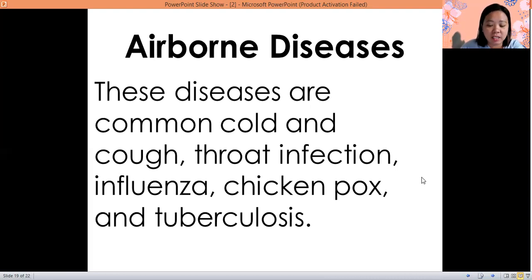So this is how we need to be mindful with our action, because one bad action can cause pollution, and it can also harm you through the diseases that we can get from this pollution.